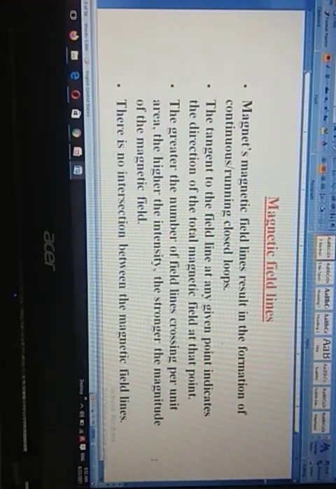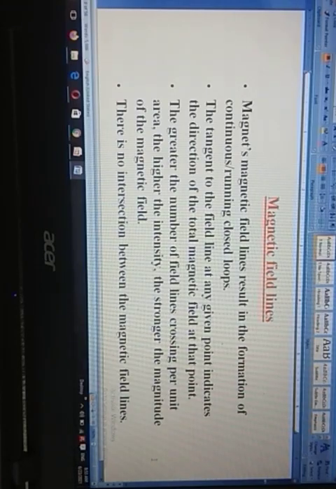We can say that the magnetic field lines form continuous closed loops. The tangent to the field lines at any given point indicates the direction of the total magnetic field at that point. The greater the number of magnetic field lines crossing per unit area, the higher the intensity, and that intensity shows the stronger magnitude of the magnetic field.